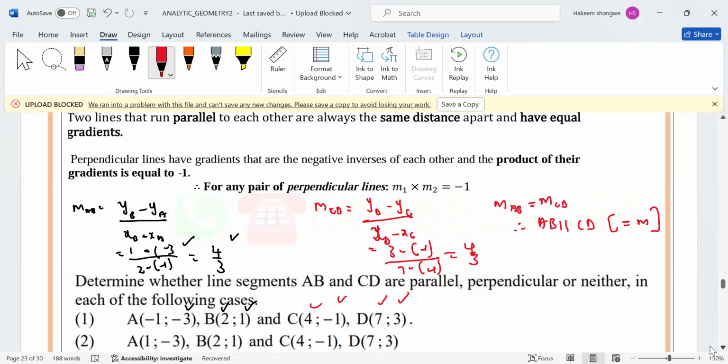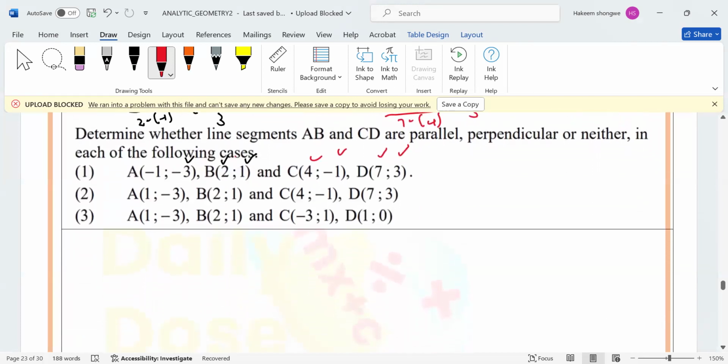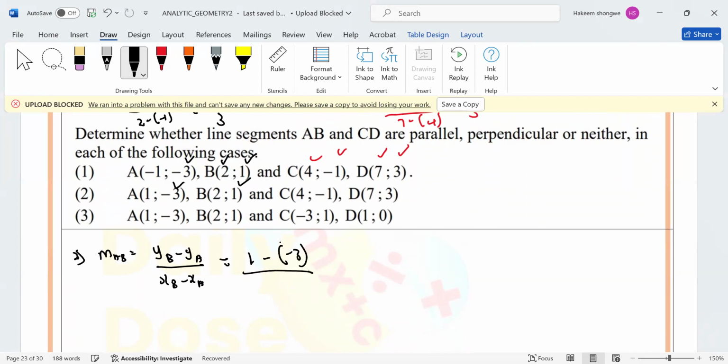Okay, the next one, go to number 2. On number 2, we're going to do exactly the same thing. M of AB is going to be given by Y at B minus Y at A over X at B minus X at A. Y at B, 1 minus open bracket, Y at A minus 3, all over 2 minus open bracket 1. What you get as your final answer? We get 4.